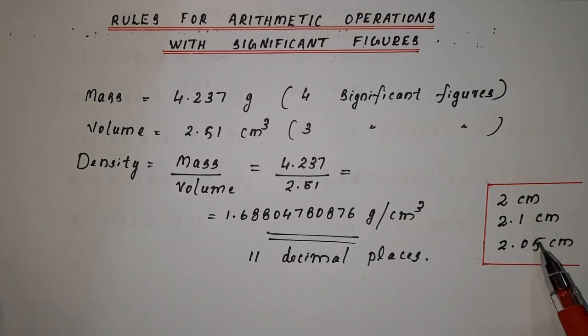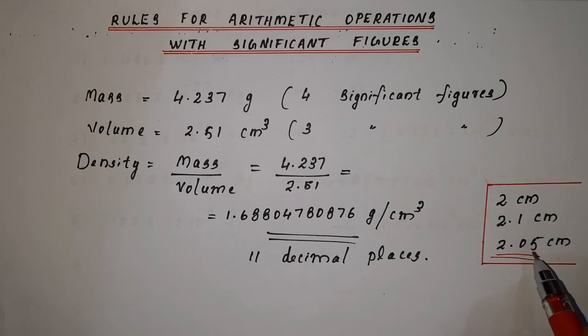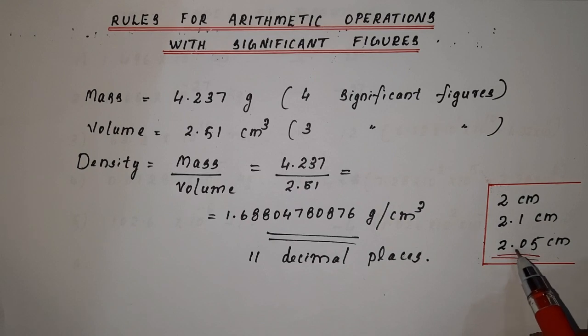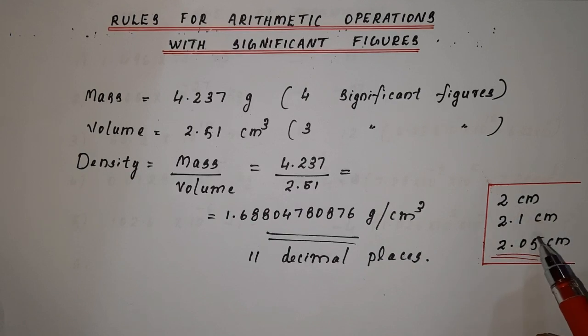With 3 different instruments it is being measured. So which is more precise? This is more precise, isn't it? Because there are 2 decimal places in this measurement. So simply you cannot write a decimal place here. Only if that instrument gives you that particular value, you can write like that. So this is more precise.